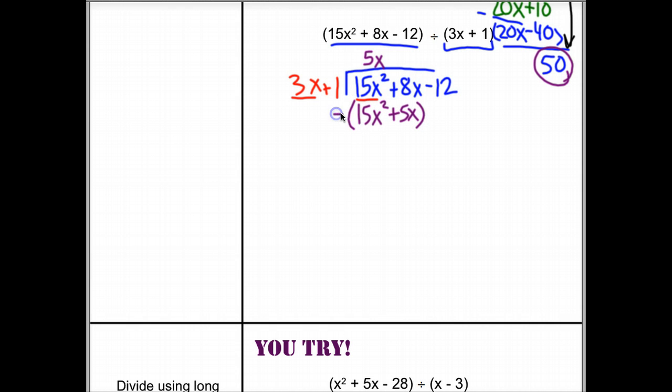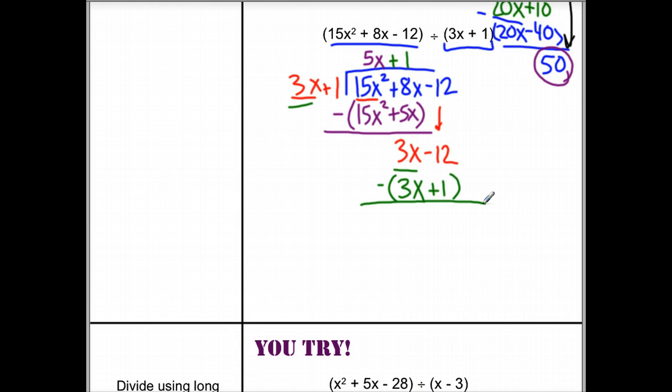Now we're subtracting. 15x squared minus 15x squared is 0, and 8x minus 5x is 3x. Then we bring down this minus 12. We want to see how many times 3x can go into 3x, and that is exactly 1 time, so plus 1. 3x times 1 is 3x, and 1 times 1 is 1.